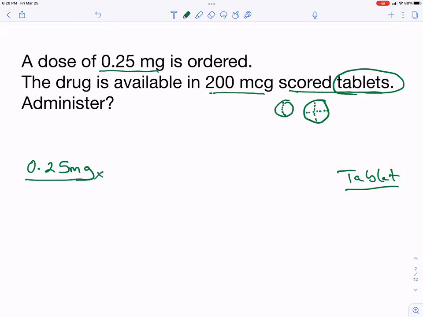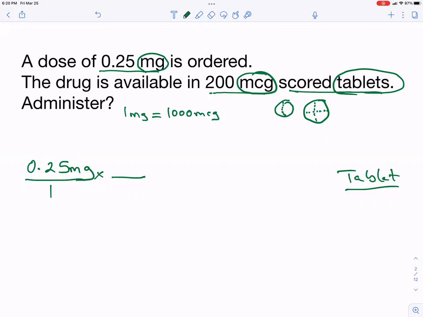So our given is 0.25 milligrams, and we can put that over 1. But here's the challenge. The order is in milligram, but the available is in microgram. So we have to think I need a conversion. So when you go back into your mind and you think about all those conversions you had to remember, I remember that 1 milligram is equal to 1,000 micrograms. So right away, I'm thinking, I got a conversion.